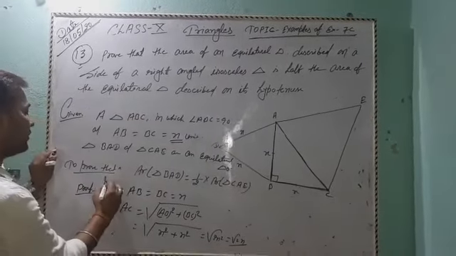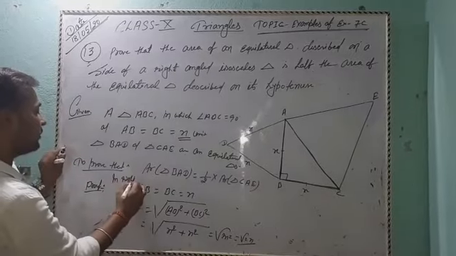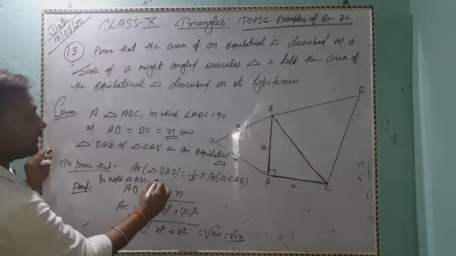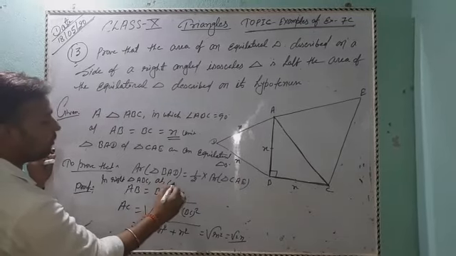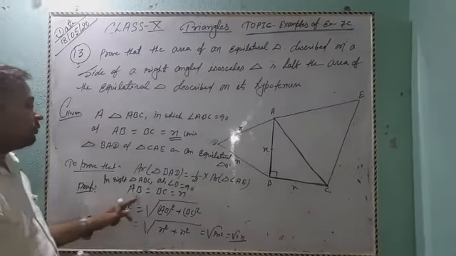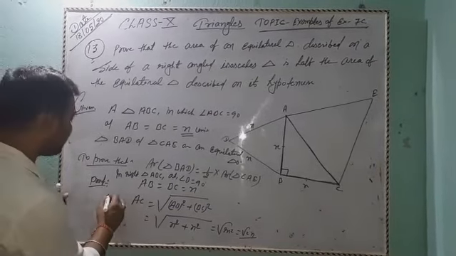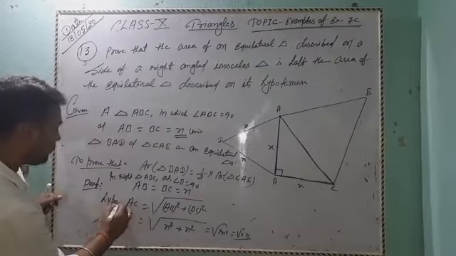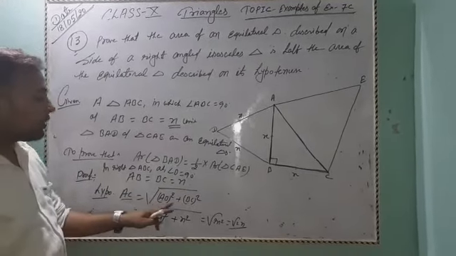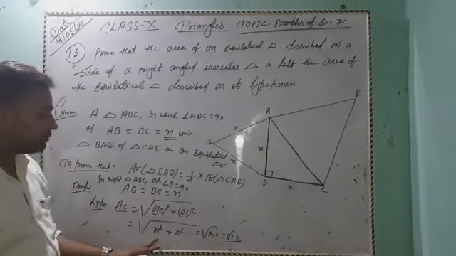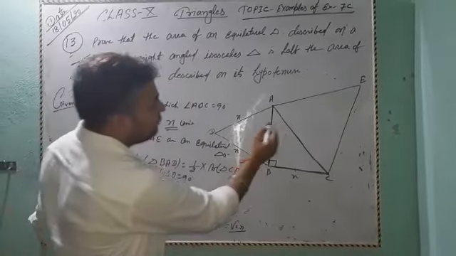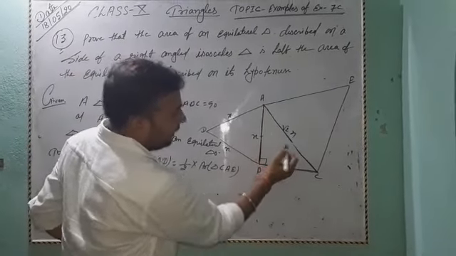In right triangle ABC with angle B equal to 90 degrees, AB equals BC equals x unit, and the hypotenuse AC equals root under AB square plus BC square, root 2x square, root 2 into x. So this side equals root 2x.